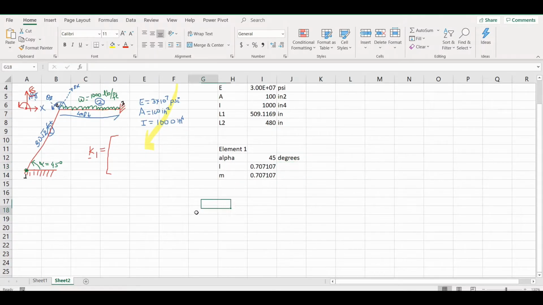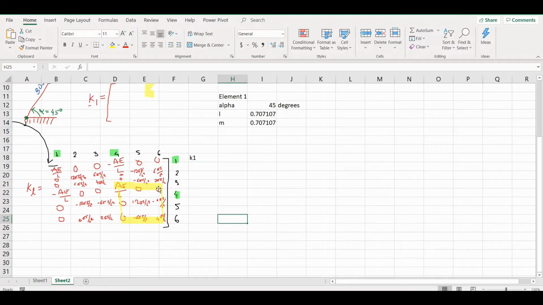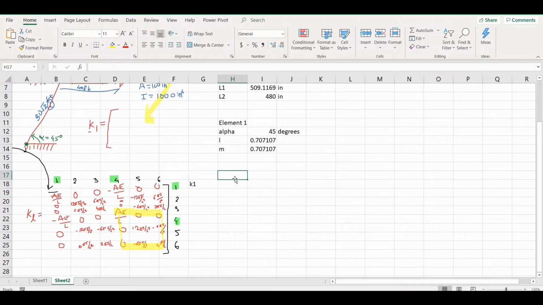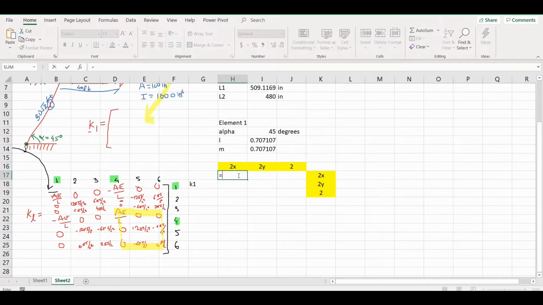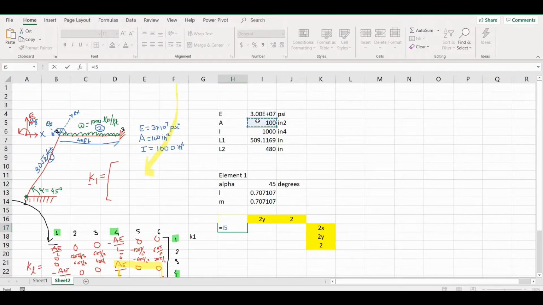Now these are our sine and cos components. Now let us write our local stiffness matrix for element 1, small k1. This is our general local matrix. So for this one, we'll be looking into this matrix here. This one is equal to AE by L, so this will be A times E by L1.